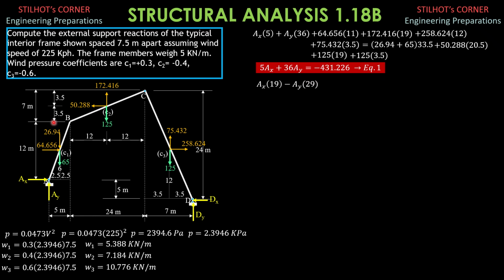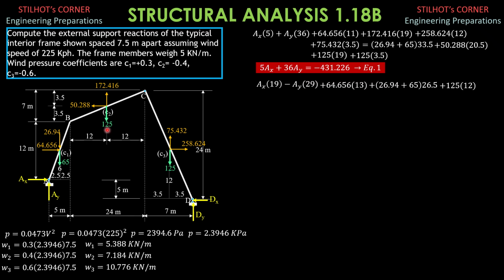The moment arm is 6 plus 7, so 13. So plus 64.656 times 13, then plus these two vertical loads combined, 26.94 plus 65. Moment arm is 2.5 plus 24, so 26.5. 26.94 plus 65 times 26.5.